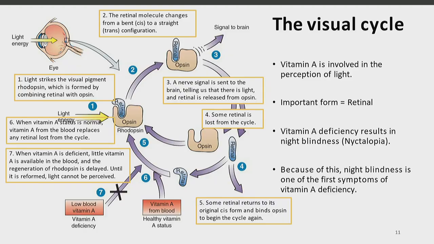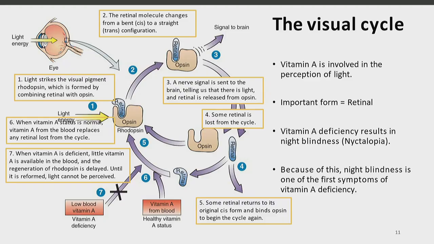However, if you have good vitamin A status, the retinal that you need to form your rhodopsin is readily supplied from the blood, right? However, if you do not have adequate levels of vitamin A in the blood, then there's a delay in what you see, or you may not be able to see very well in dark spaces. In step 5, some retinal returns to its original cis form and is able to bind, but you also need some to be replenished from the blood supply.